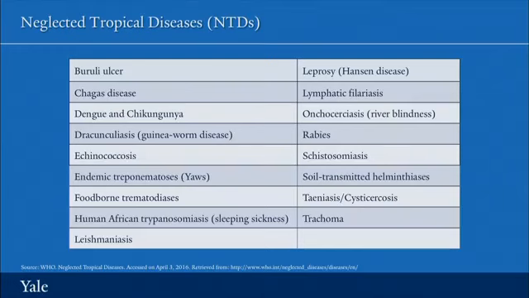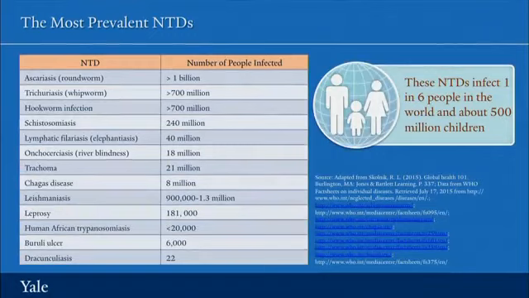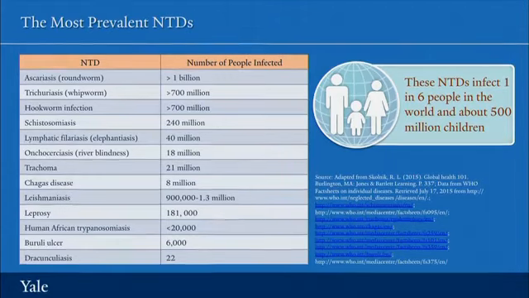Now let's look at the burden of some of the most prevalent of the neglected tropical diseases. And here what you see is that more than 1 billion people, and probably about 500 million young people, are infected with one or more of the neglected tropical diseases.